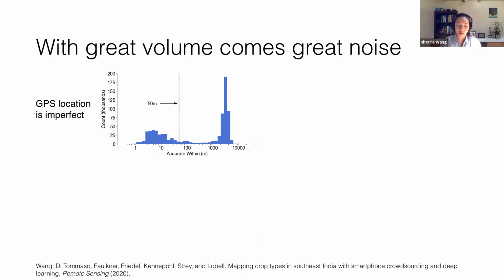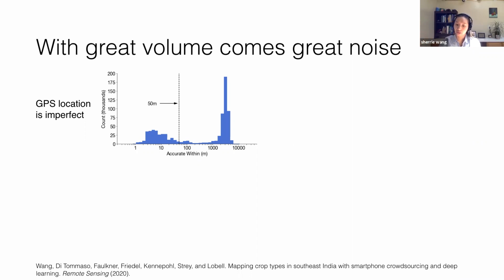And in a smallholder system where the fields are 2 hectares or oftentimes much smaller than 2 hectares, a 1 kilometer accuracy obviously is going to get us super far out of the field that the crop type is actually coming from. So what we do is we throw out all of the submissions with GPS location that's worse than 50 meters.